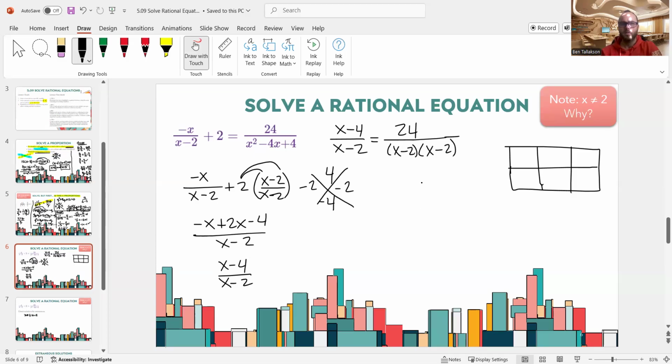Okay, well, let's see what we can do now. If we cross multiply, we're going to get (x - 4)(x - 2)(x - 2) equals 24(x - 2). I need to move this because my boxes are in the way.